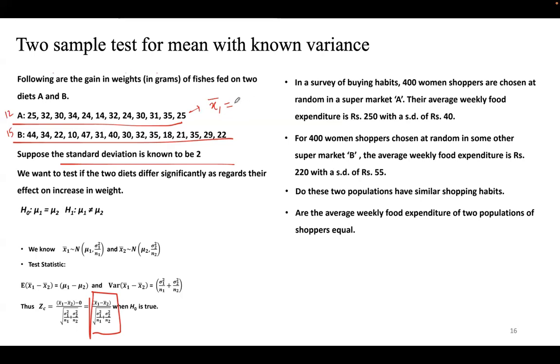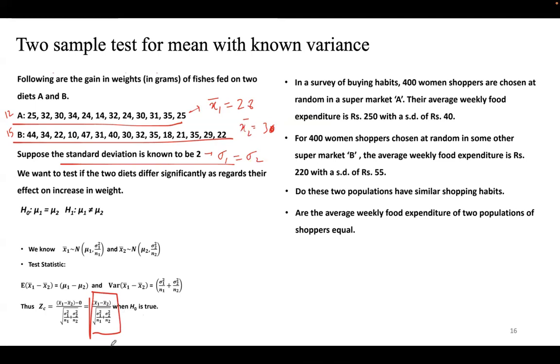So x1 bar is going to be around 28 and x2 bar is going to be 30. Both sigma 1 and sigma 2 are the same value.